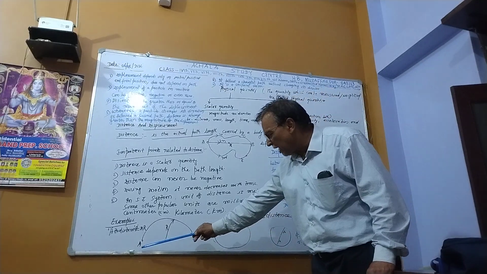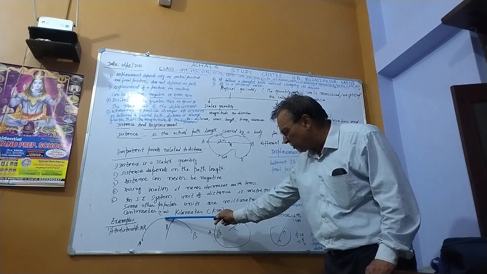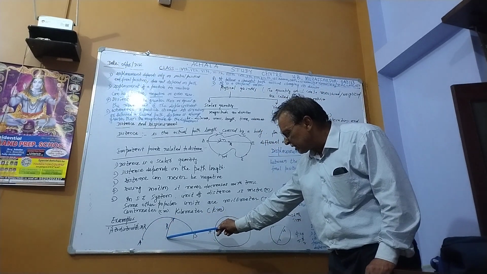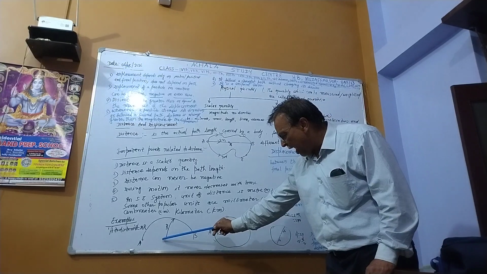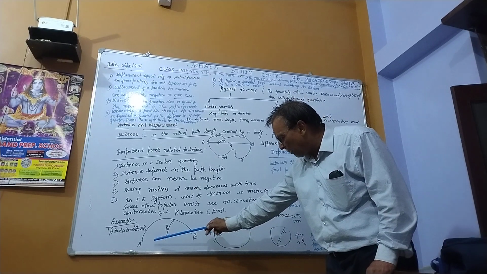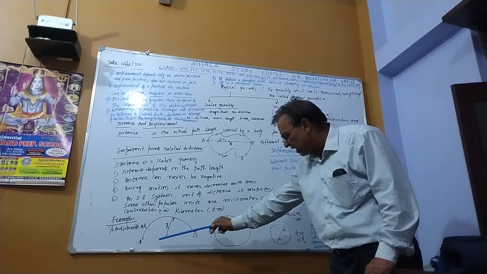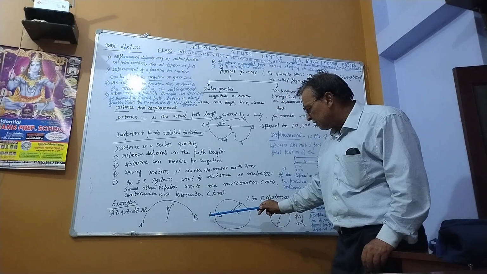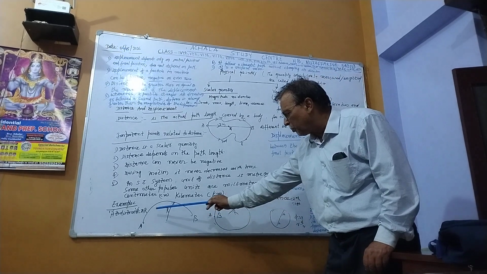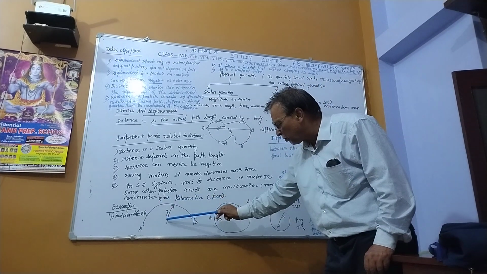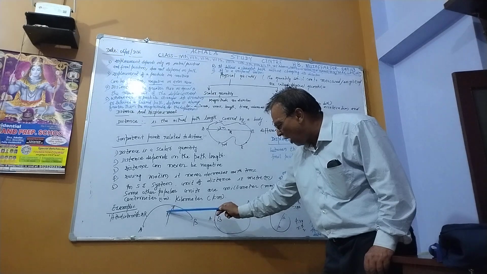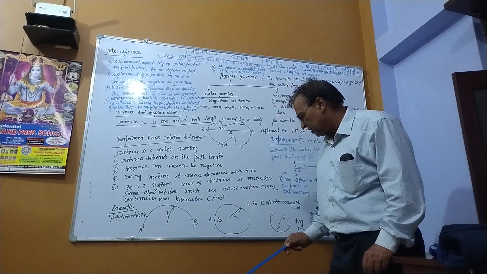Now, if someone moves along a half circle, this is the center and the radius is r, then the distance from A to B is equal to pi r.